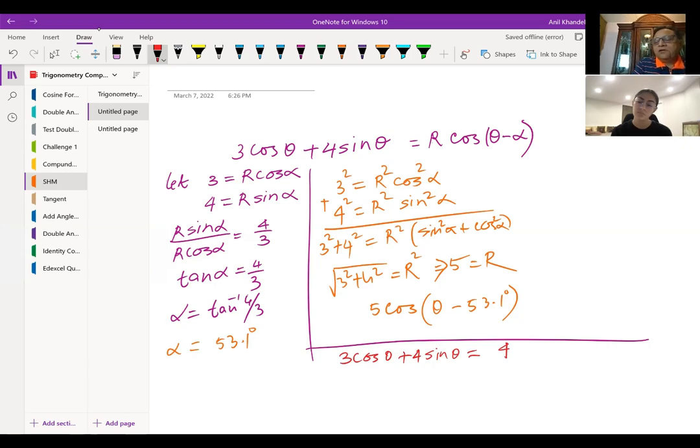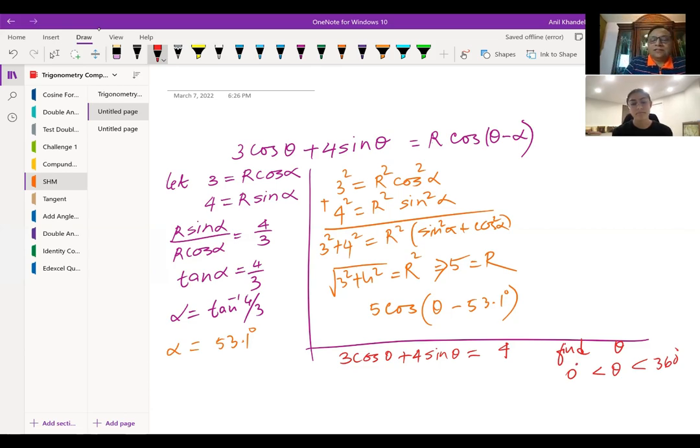Find theta when theta is between 0 and 360 degrees. How will you do this?